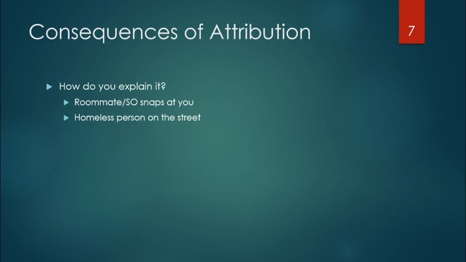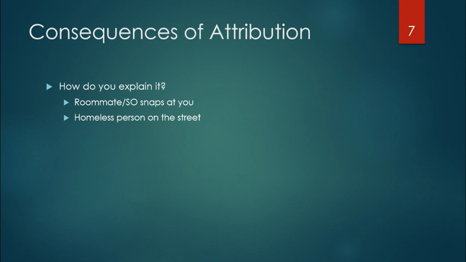Another example, say you see a homeless person on the street. You can attribute their behavior to just a personality disposition of laziness. If that's the case, you'll be unlikely to help them, unlikely to volunteer your time at a homeless shelter or something like that.